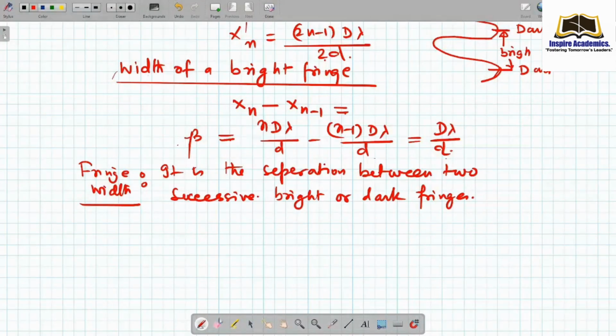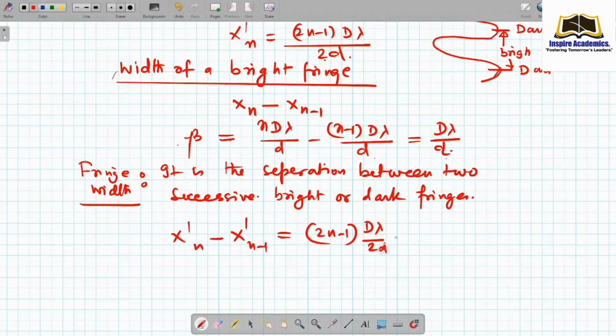And this is same way we can know x dash n minus x dash n minus 1, which would be what? 2n minus 1 capital D lambda upon 2d minus we will write twice n minus 1 minus 1, okay, and then capital D lambda by 2d small d equal to d lambda by small d.